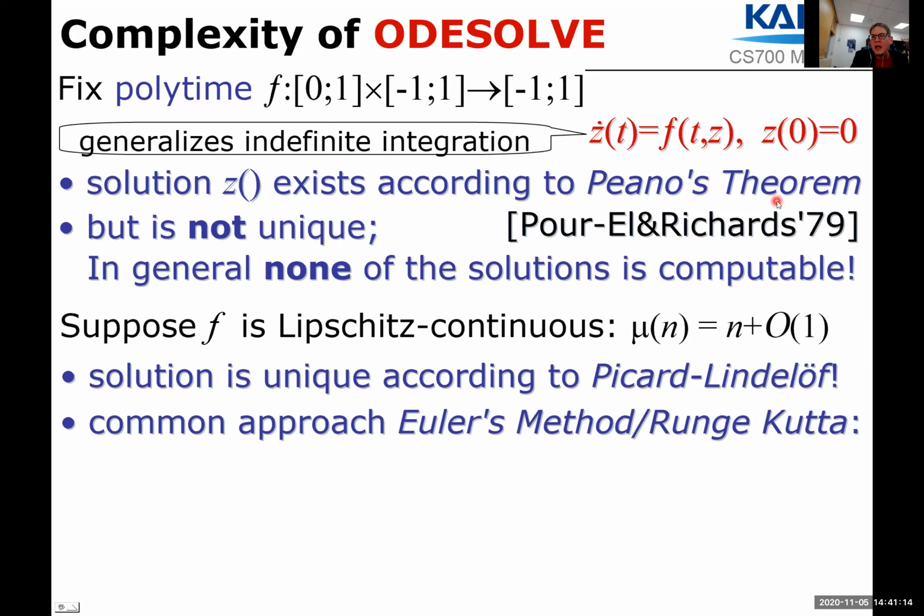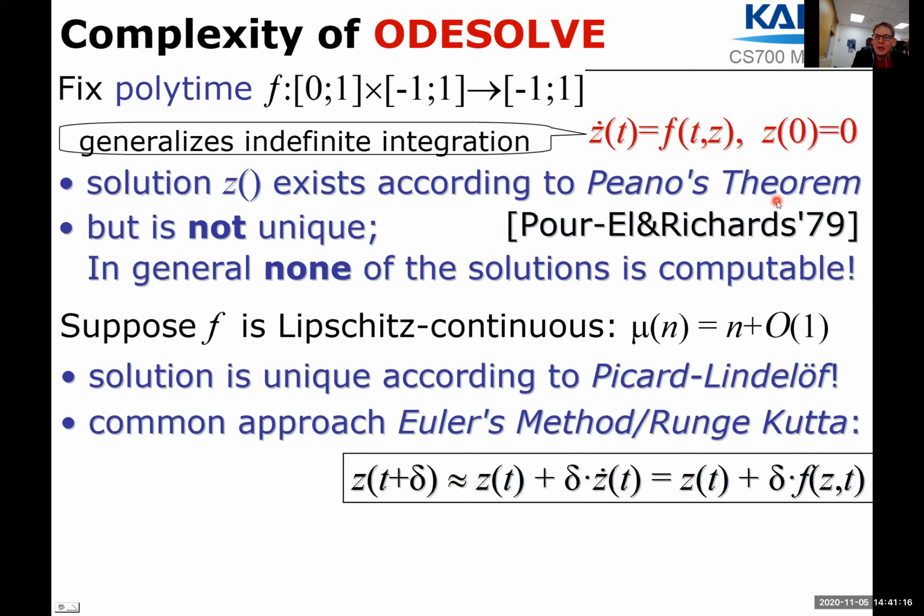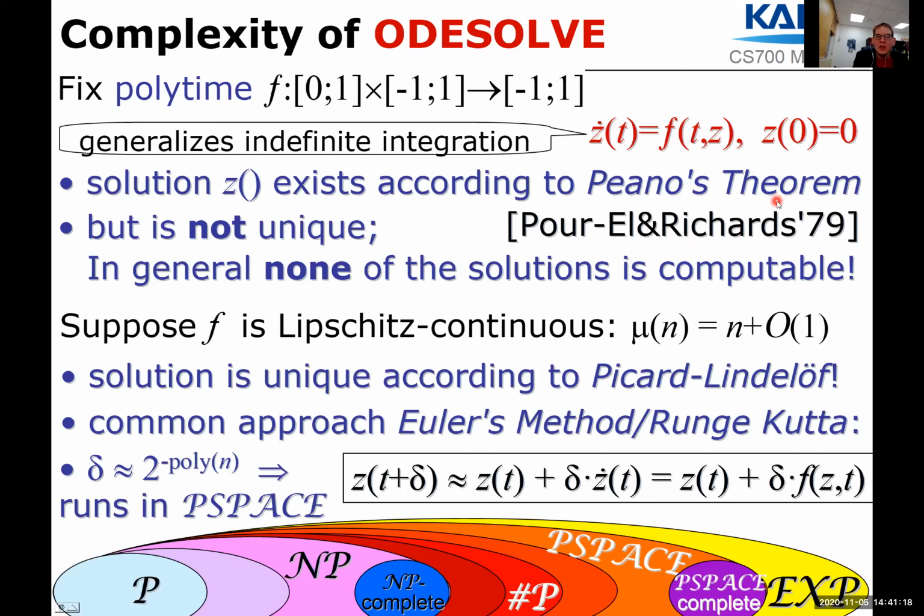methods. And our analysis showed that these methods all use polynomial space. We need to make the step width roughly 2 to the polynomial in the output precision parameter in order to ensure that both the errors made in each step and their accumulation, their propagation throughout exponentially many steps still remains bounded by 2 to the minus n.